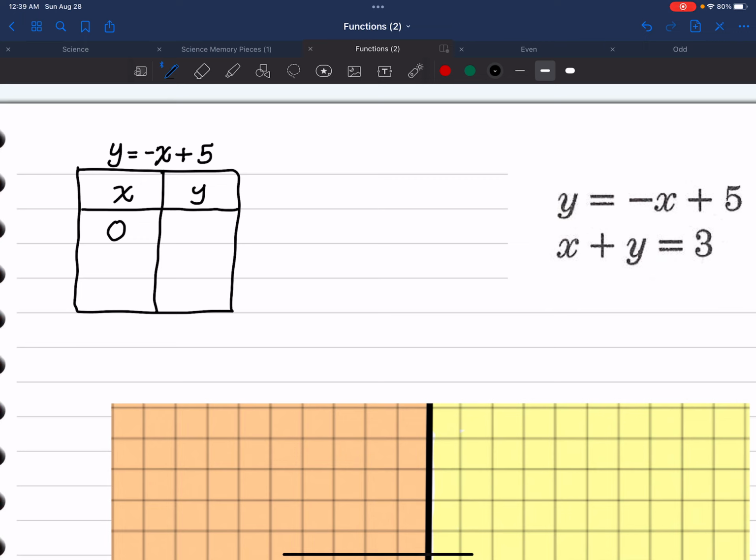So when x is 0, what is y? And when y is 0, what is x? I don't think we even need another point. You can graph as many as you want, but if you have the intercepts most of the time, it's fine. So when x is 0, y is 5.